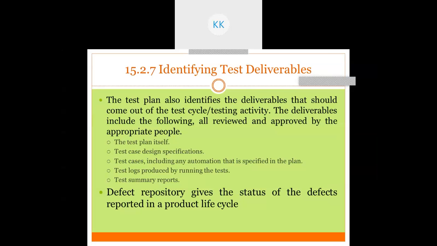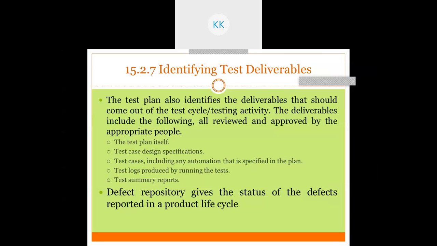The deliverables include the following, all reviewed and approved by the appropriate people. The test plan itself, you need to deliver the test plan. Then the test case design specification. What will be the test case design specification?